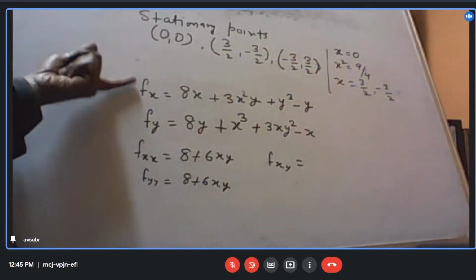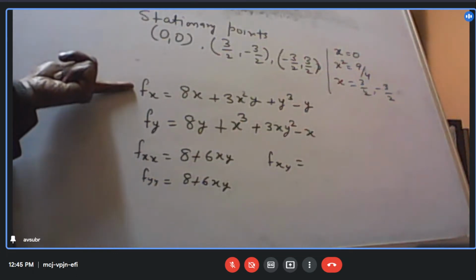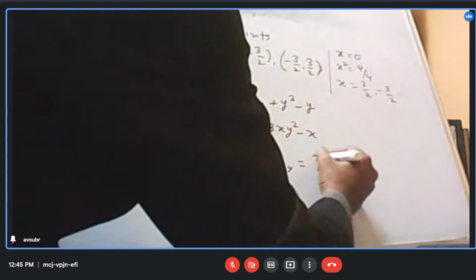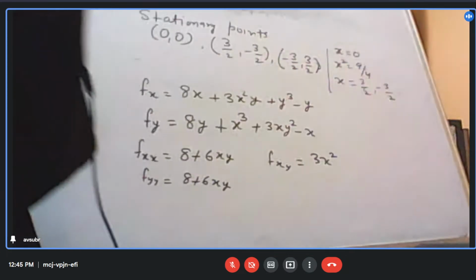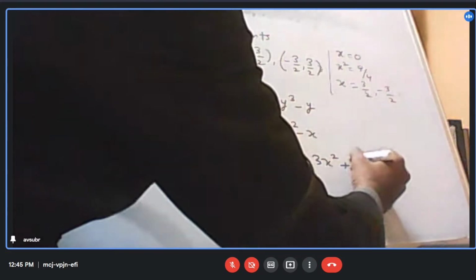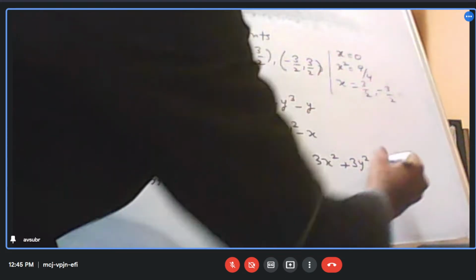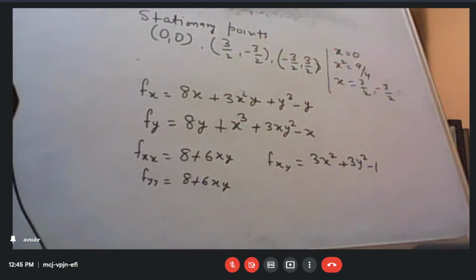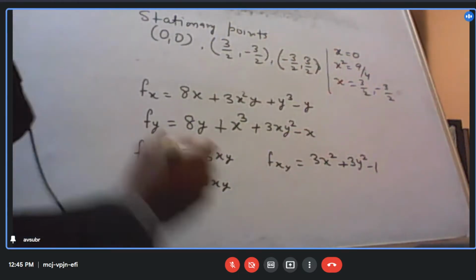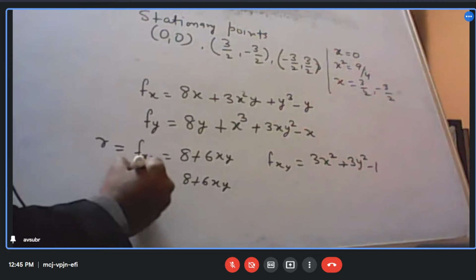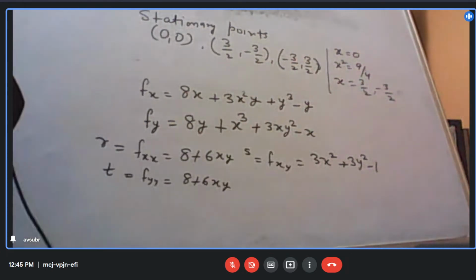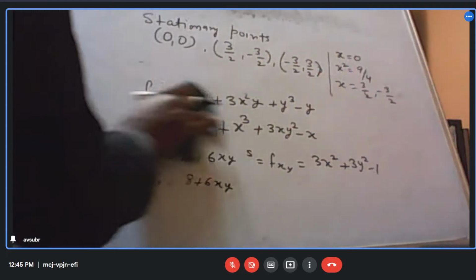If I differentiate, for example, this with respect to y, this will be 0, this will be 3x square plus 3y square minus 1, minus 1. So this is what I will get. This is r, this is t, and this is s.